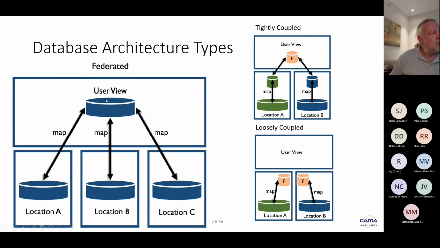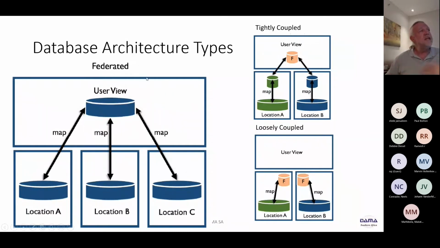Or maybe a better example would be, I could have 3 of the towns in Saudi, Jeddah, Mecca, and Riyadh, and all the citizens that live in Jeddah are in location A, Mecca in location B, Riyadh in location C, and a view brings us all together.